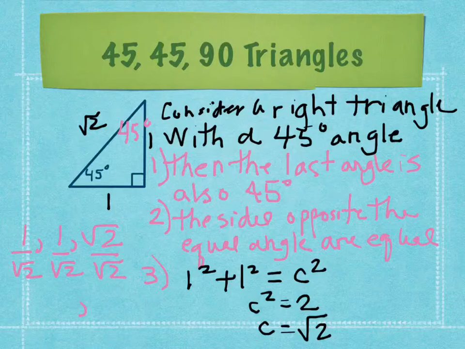Because it will turn the hypotenuse, which was of length square root of 2, into the number 1. And if I rationalize the first sets, this would be square root 2 over 2 and square root 2 over 2. And you're going to see us use these later, so I want you to be aware that they're there. So if I turn the hypotenuse into length 1, then correspondingly the other sides would be divided by square root of 2 and rationalized. So this is a 45-45-90 triangle.